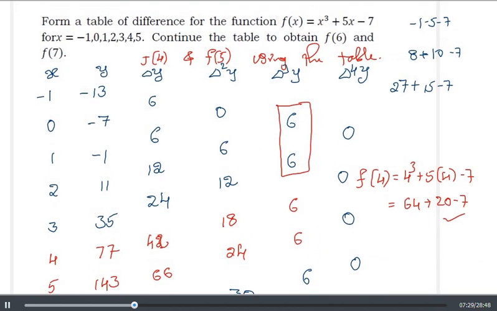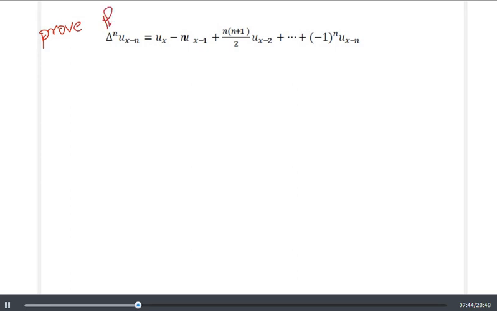Okay, so let's see more on these difference operators. Here you have a problem. The question is to prove this relation. Let me write it again.